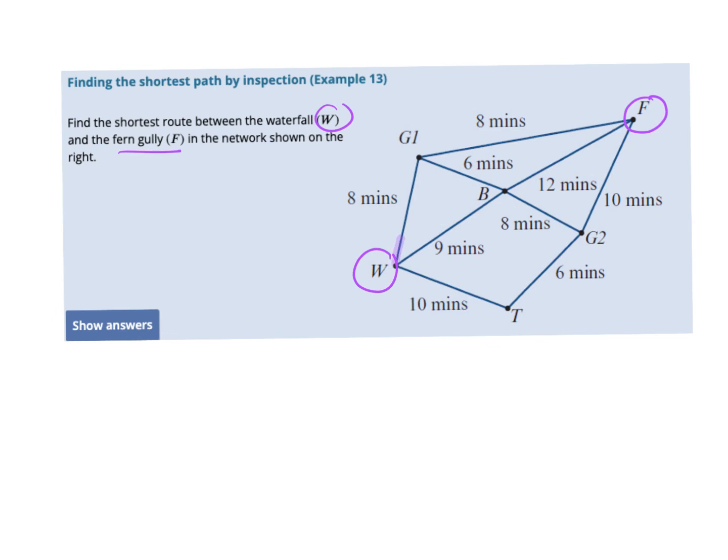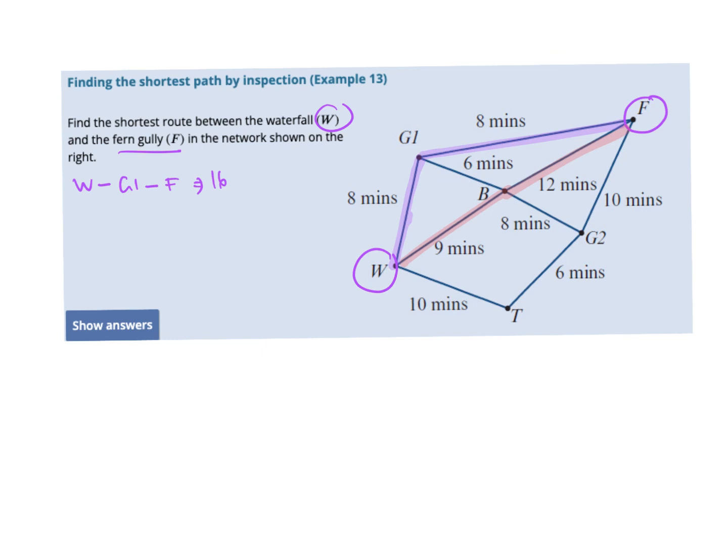So if we go out here, that would take 8 minutes. And then what about if I go straight to there? If I did that path, W to G1 to F, that would equal 16. Okay, so let's try another one. What about if I went straight through? 9 plus 12, that would be 21.